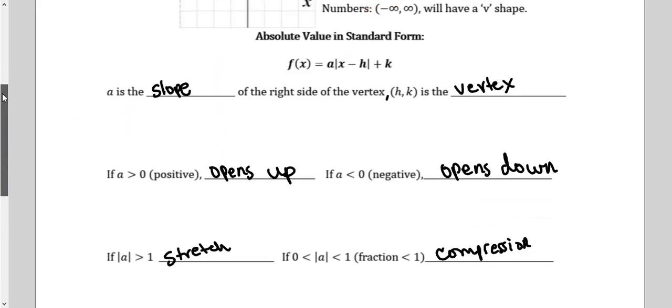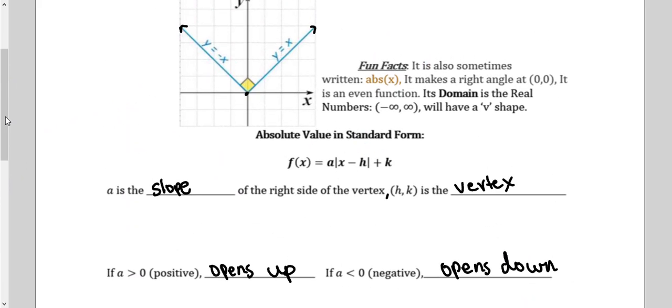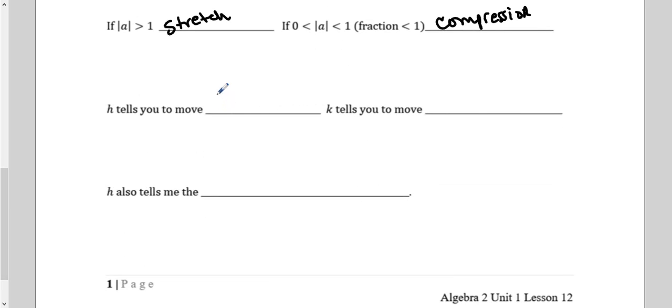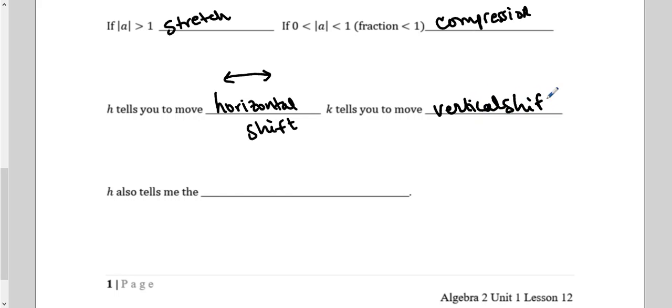The h, the number that's being added or subtracted here, is your horizontal shift, meaning it tells you if it moves left or right. K is your vertical shift. It tells you if it moves up or down. Now the horizontal shift, if it's a negative, it moves to the right.